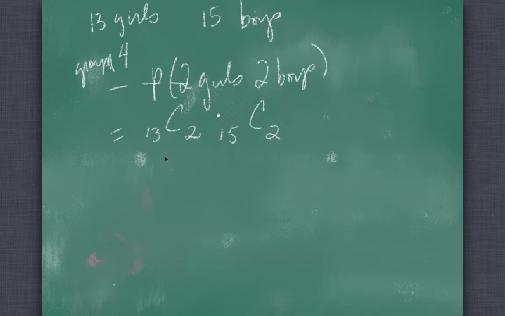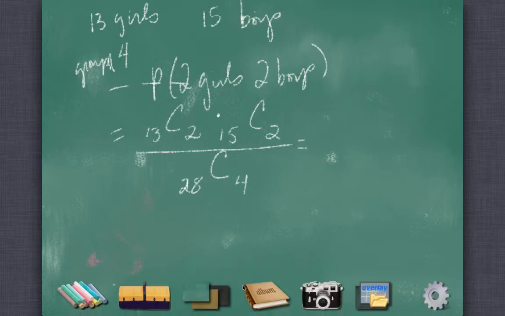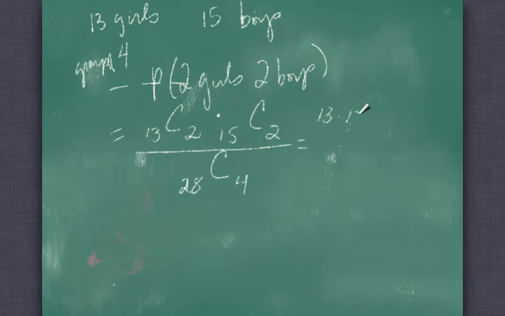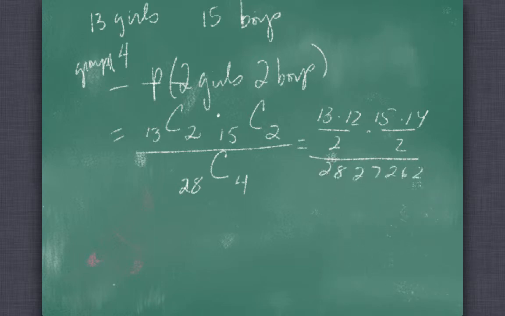For every set of 2 I've chosen here, that can be partnered with every set of 2 from over here. And then down here, we have 28. Choose 4. Okay? So I personally would do 13 times 12 over 2, 15 times 14 over 2, 28, 27, 26, 25, 4, 3, 2.